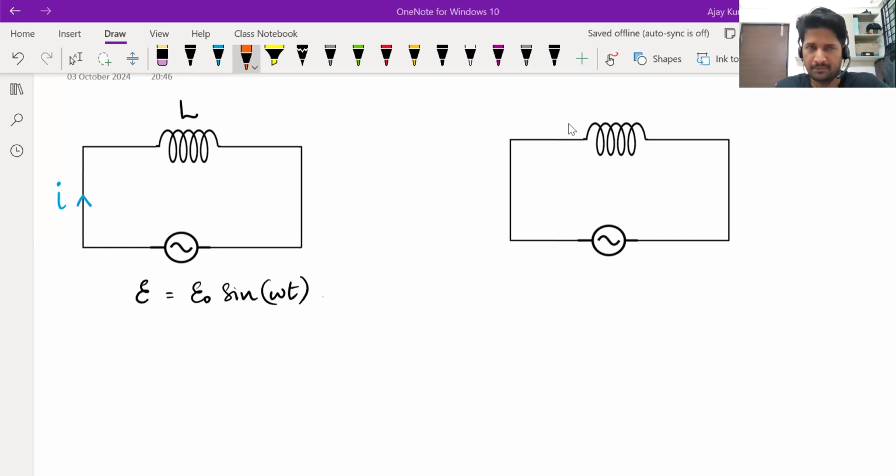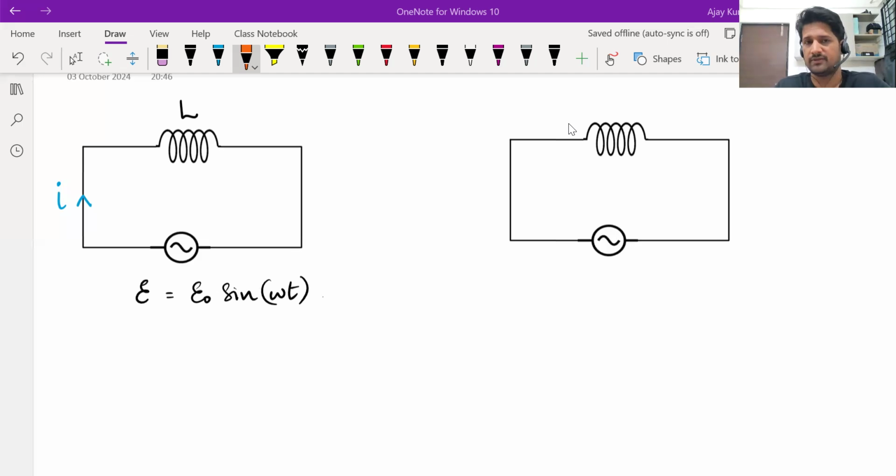When one is at peak, the other would be at an extreme. But zero is not the minimum; minus one is the minimum of the sine function. What you said first is correct. When the alternating EMF across the capacitor is zero, the current would be maximum, I naught. EMF zero is the mean value of EMF, not the minimum value. So when EMF is at its mean value, current will be at its peak.